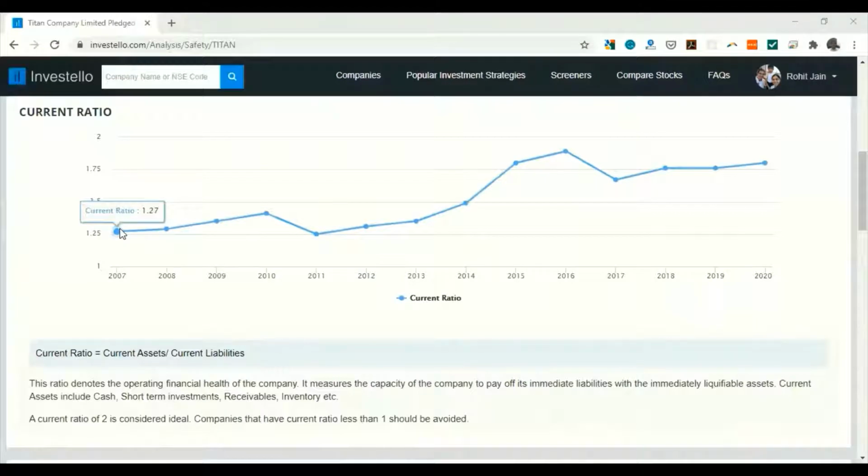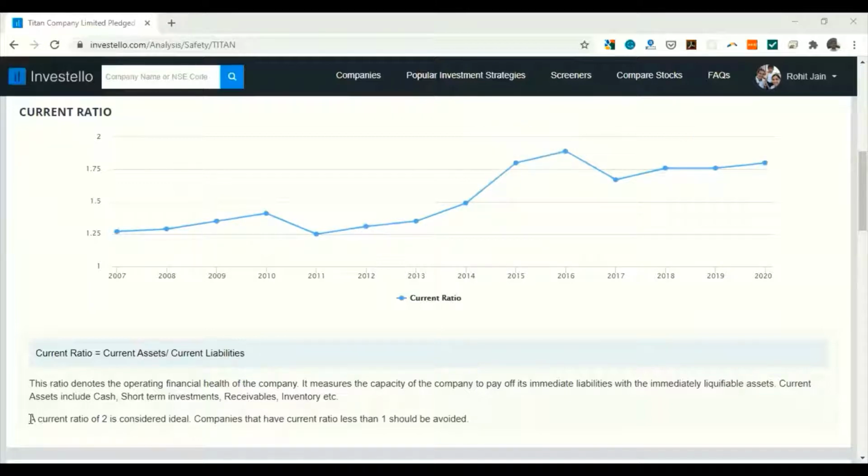Current ratio. In 2007, the current ratio was 1.27. It increased and went up to 1.89 in 2016. And it has maintained a decent current ratio of 1.8 until 2020.